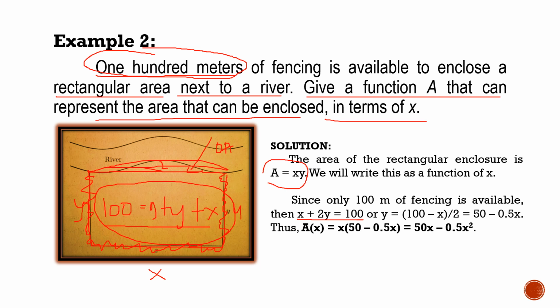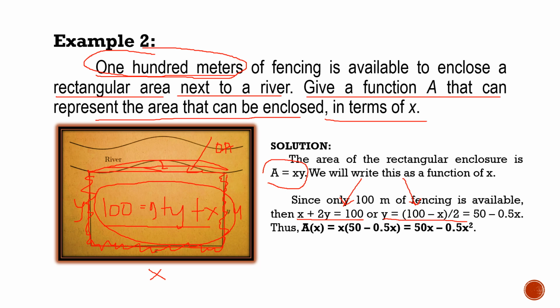We're going to simplify this equation because we're asked to find the value of function a in terms of x. So we need to get the value of y in terms of x. So what will be the value of y in terms of x? That will be equal to 100 minus x over 2.